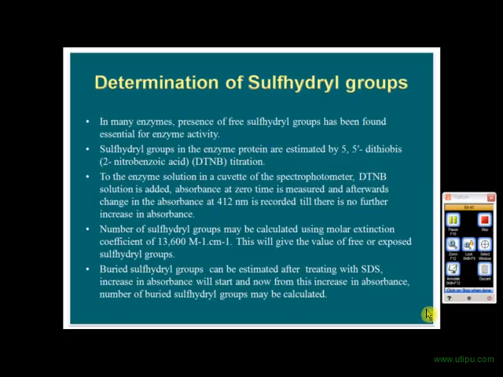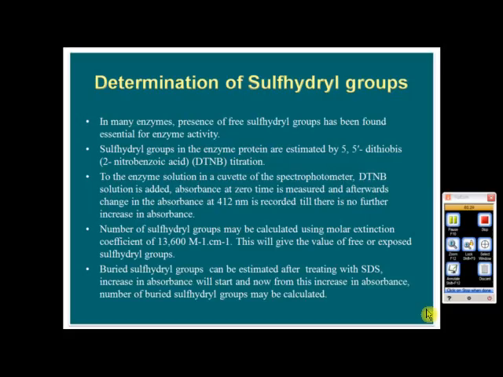The number of sulfhydryl groups is calculated using the molar extinction coefficient, and this gives the value of free or exposed sulfhydryl groups. If they are exposed, they can be measured directly like this. Suppose the sulfhydryl groups are present inside. That means indirectly you are measuring the number of cysteine residues present in the enzyme.